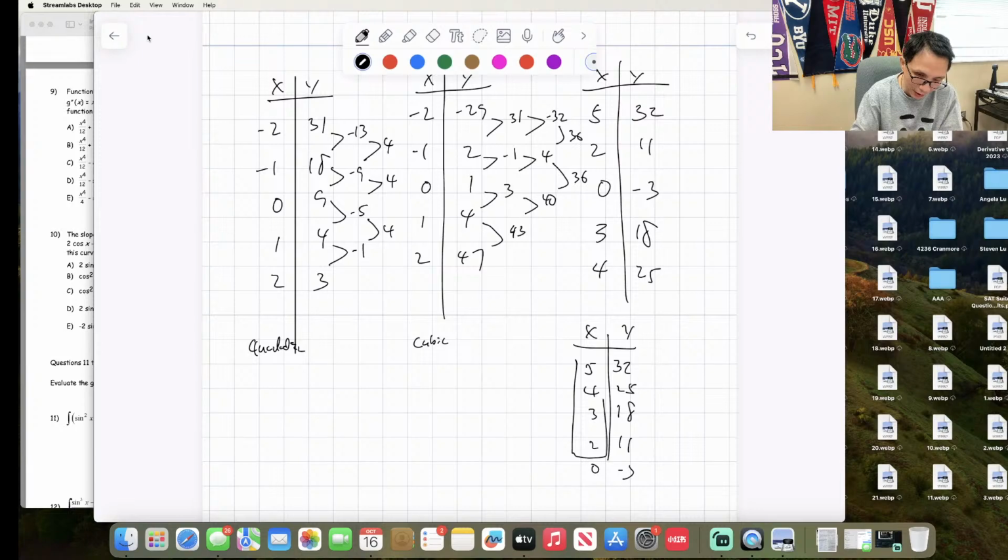Now this one all stays the same, so this is going down by 7. This is -7, this is -7, this is -7. But if you go -7 twice, it should give you -3. So this is definitely linear. And now I'm gonna go type in all the information.